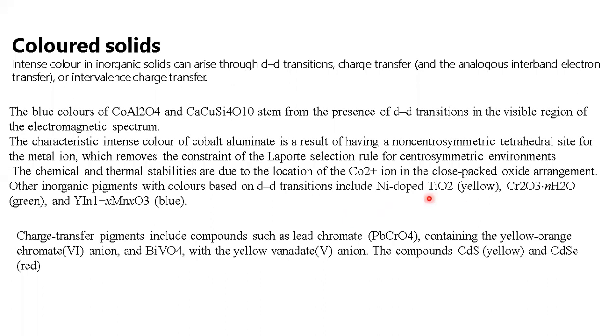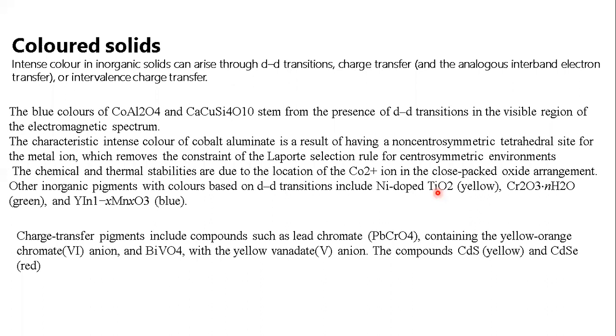You see another example of this type of compound, like nickel-doped titania. Generally, titania doesn't have any color. Titania is white in color. What is the oxidation state of titanium here? It is +4. In the +4 oxidation state, titanium doesn't have any d electron.